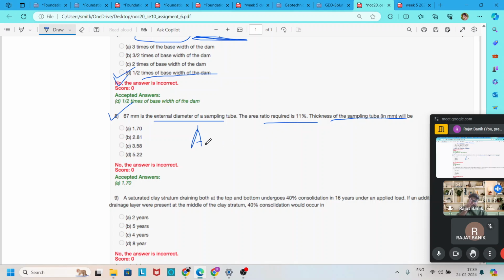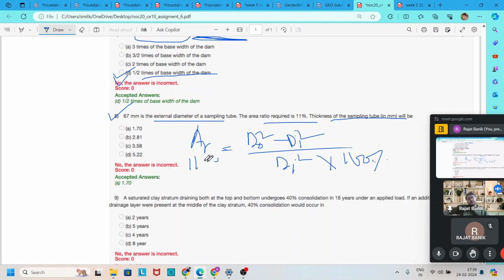We can use the area ratio formula, which is equal to (Do square minus Di square) divided by Di square into 100%. The area ratio is given as 11%, and Do, the outer diameter, is given as 67.